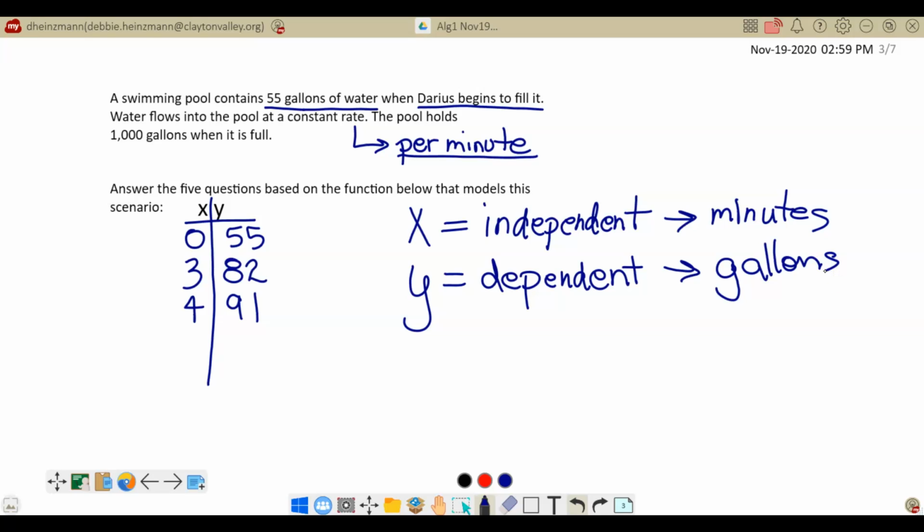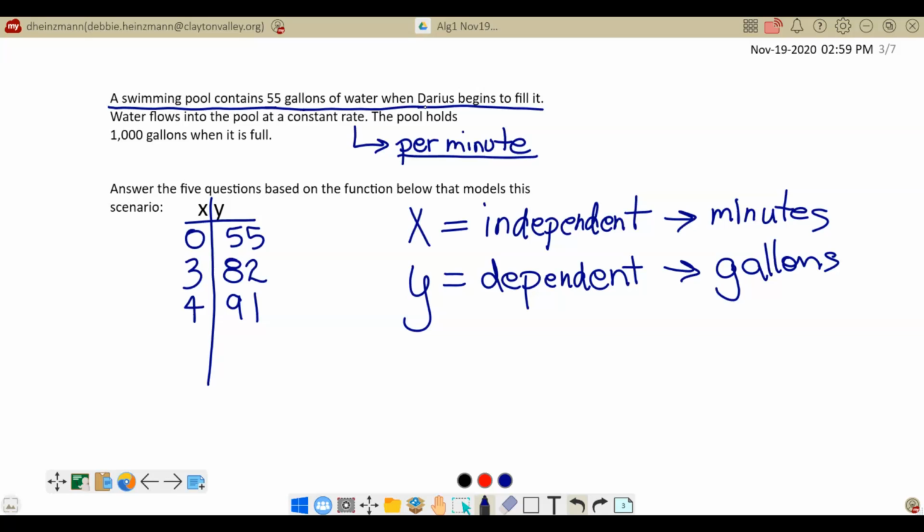So what is the meaning of the y-intercept? Well, the y-intercept occurs when x equals 0. So you can look at our table of values and see, oh, when x is 0, y is 55. And if you look at the beginning of the problem, they say that the swimming pool contains 55 gallons of water when Darius begins to fill it.